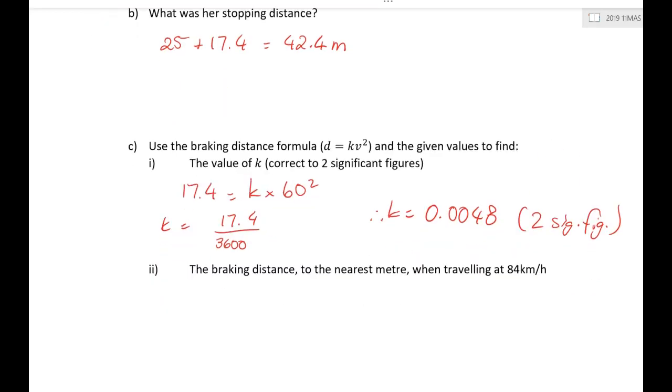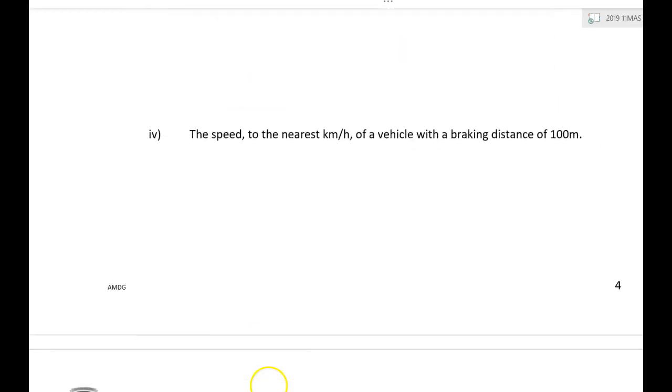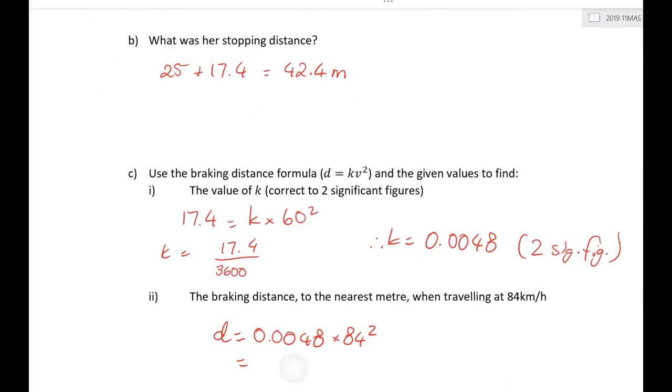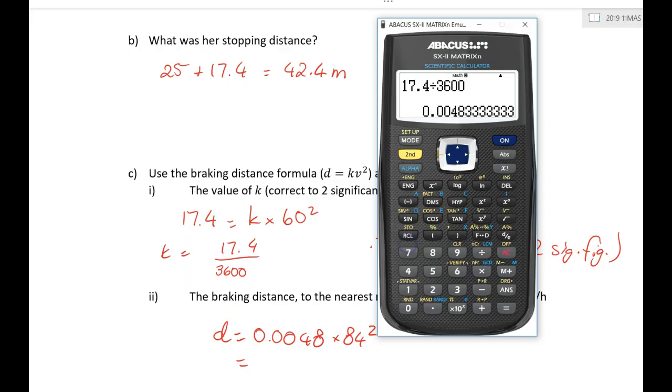Now, moving along, the braking distance to the nearest meter when travelling at 84 kilometres per hour. Now we can use k here, and I can say that d equals 0.0048 times 84 squared. Best really to carry that over without rounding it off if possible.